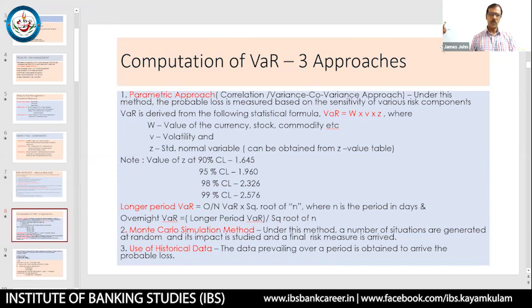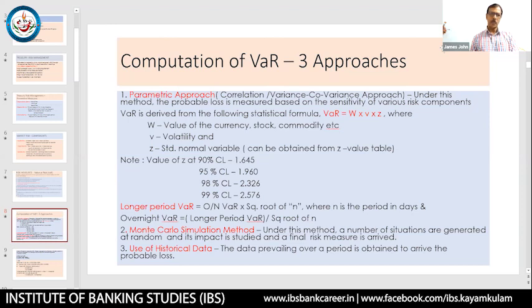For Monte Carlo simulation and use of historical data, problems will not be asked. But you should know the three methods, because sometimes they will put a question, which of the following is not a method for computing VAR? Then you should know the methods for calculation of VAR. So these are the three methods.